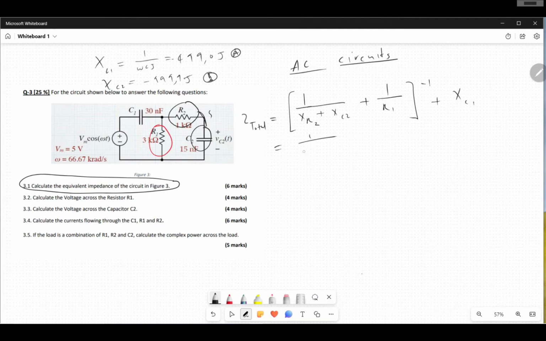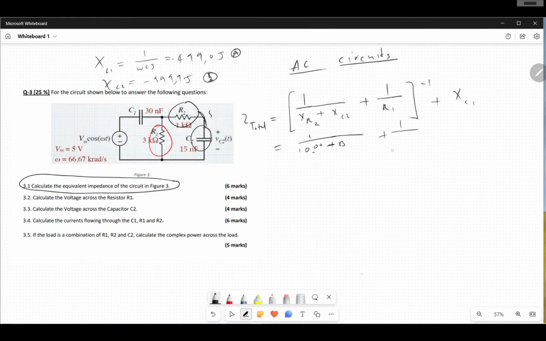It's going to be 1 over R2, which is 1000, plus the impedance of C2. Let me just put B here. On our answer we should be putting that, but I stored it on my calculator as B.